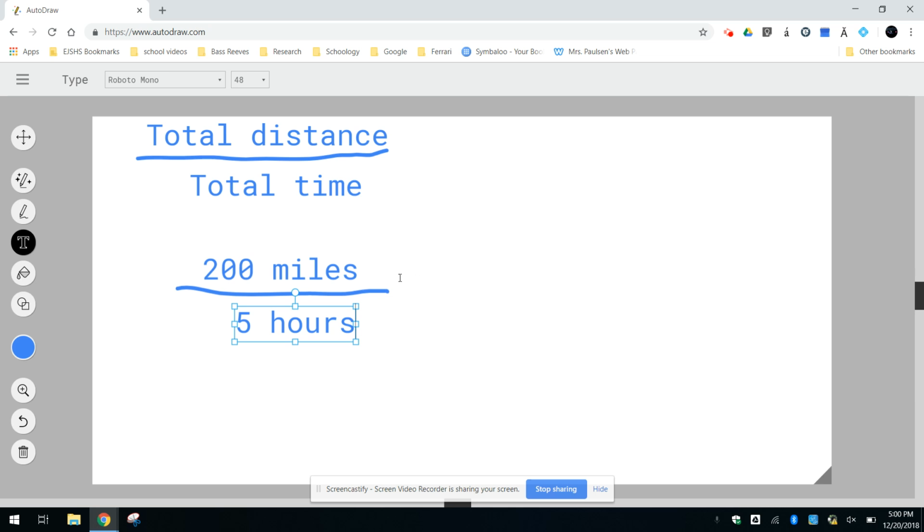So, of course, the over symbol here, the line, means divide. So 200 divided by 5 equals 40. So the average speed of this trip is 40 miles per hour.